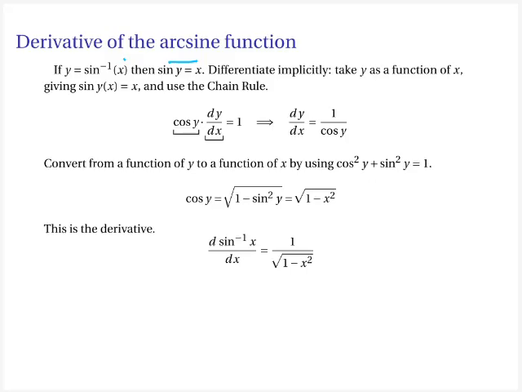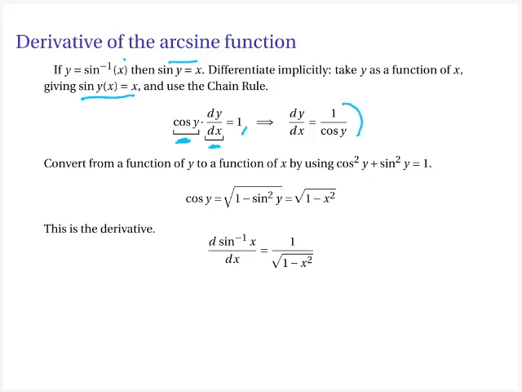I take the derivative of both sides, so the derivative of x is 1. The derivative of sine of y of x is the cosine, times the derivative of the function inside, y of x. So chain rule. Solve for dy/dx, and you get dy/dx equals 1 over cosine of y.